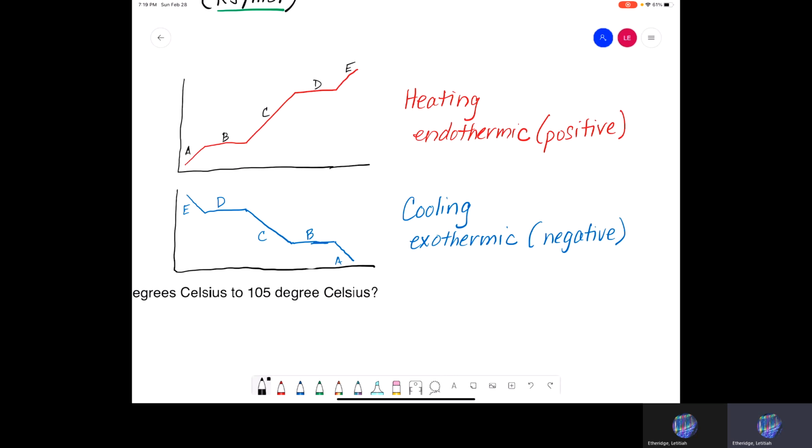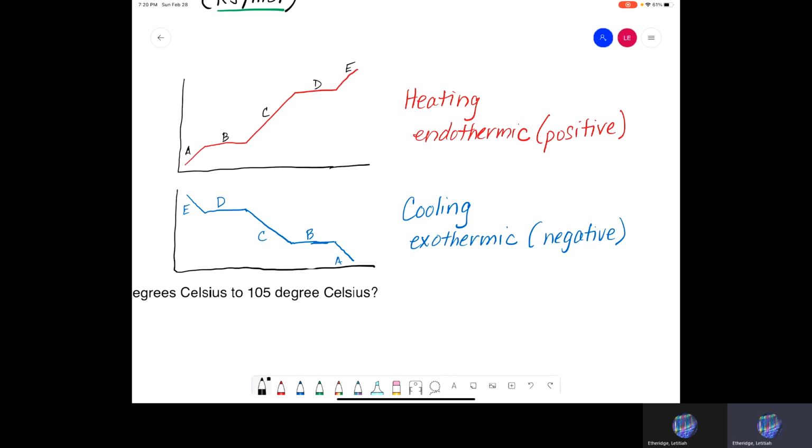Then we keep adding heat, and now we're in section C. In section C, we are fully a liquid, and as we add heat to the system, the temperature goes up. Once we get to D, we plateau again because all of the heat energy added in that section is going into breaking those bonds in the liquid so that we can fully become a gas. And then in E, we continue to heat while we're a gas.